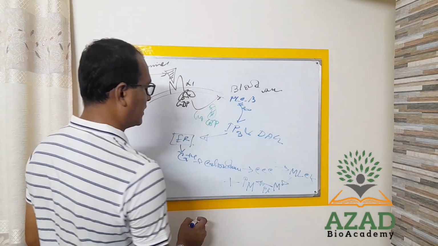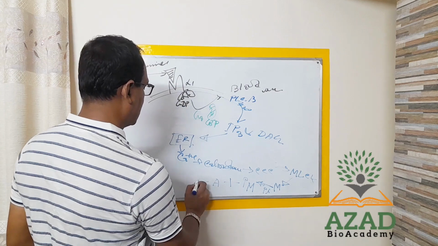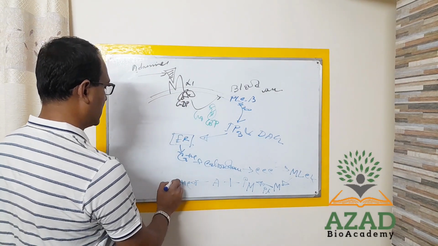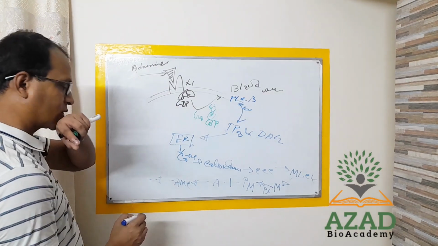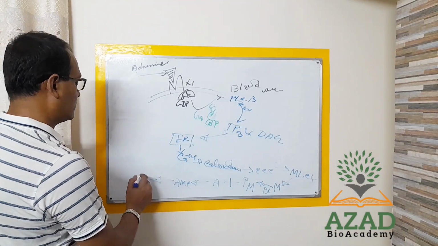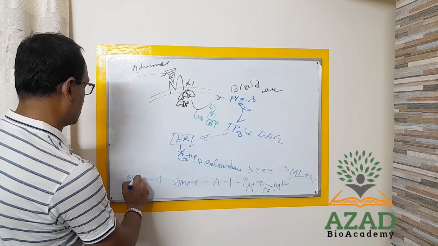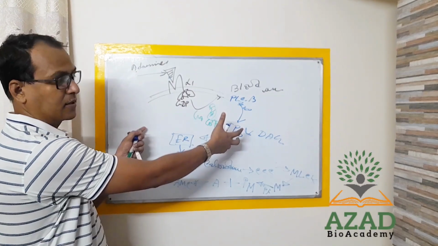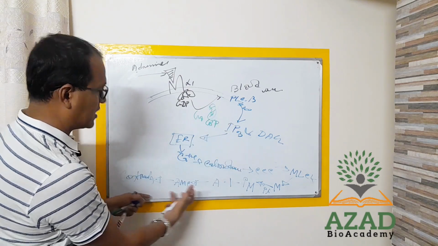Phosphorylated myosin will be able to bind with the actin, that means it will form the actin-myosin complex. And when the actin-myosin cross bridge forms, contraction will occur. If you think this is the blood vessel, the smooth muscle, this is the contraction.